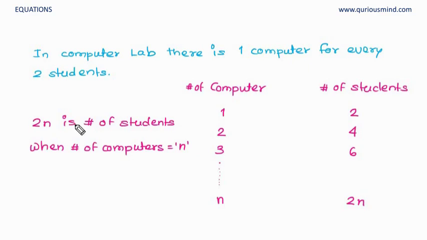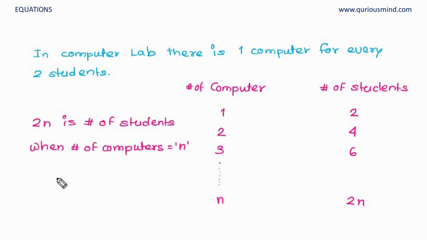But now the requirement is exactly opposite, which says I want to know how many computers are needed if there are 250 students. So this is a situation which is reversed. And now in this case, what we are actually doing is we are putting a condition on the variable.